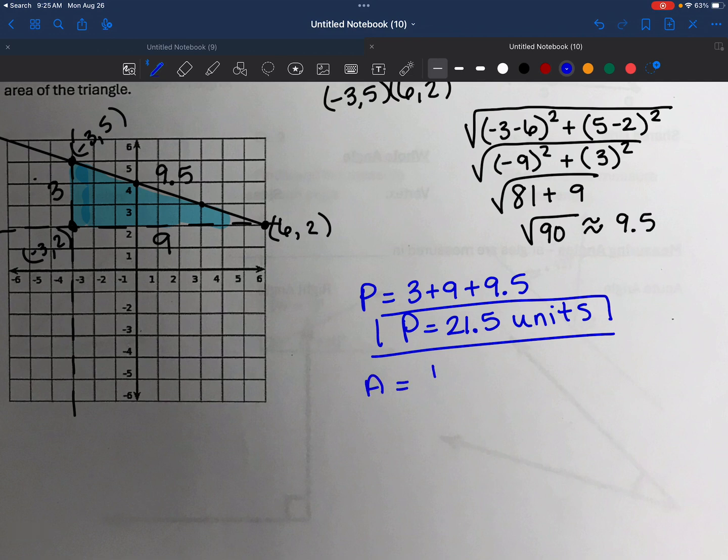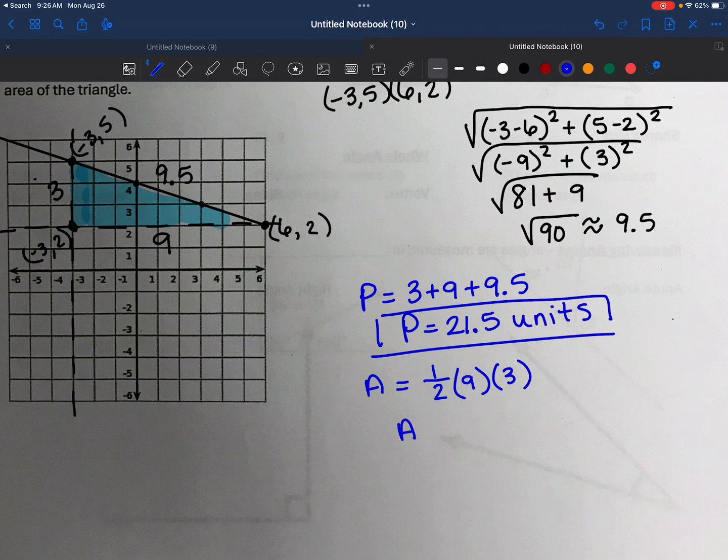Ava, what about for area? 1/2 base times height. Okay. And what am I plugging in for my base? 9. And the height? 3. Now, Ava, tell me though, how do you know to use 9 and 3? Because they make a right angle. Good. They make a right angle in that corner.